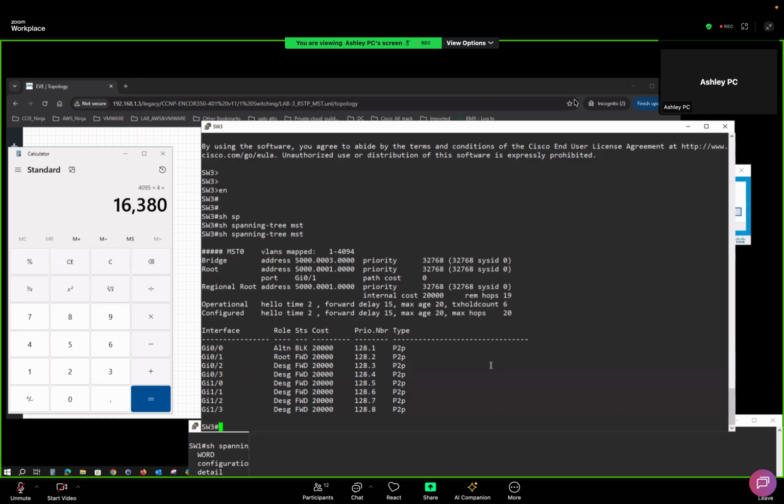How much will it show you for a 1 gig interface? 4. Yes or no? Yes. So this calculation depends on where you are calculating from, guys. So don't remember that locally it is a 4. The cost will come as 4 only. For the other port, what is the cost?